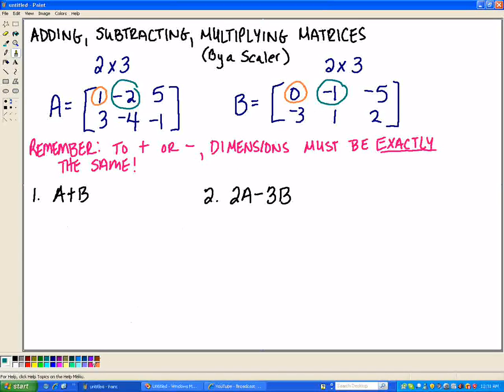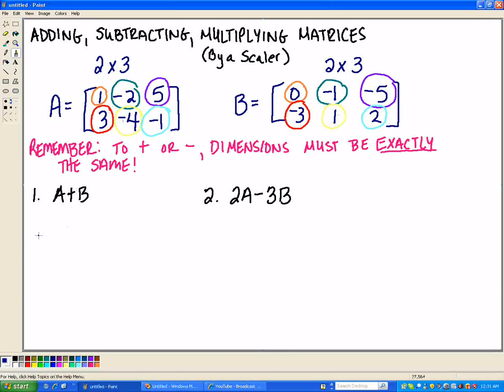Each element in one matrix, I add to the corresponding element in the other. 5 plus -5, 3 plus -3, -4 and 1, and -1 and 2. So that's how I do A plus B.